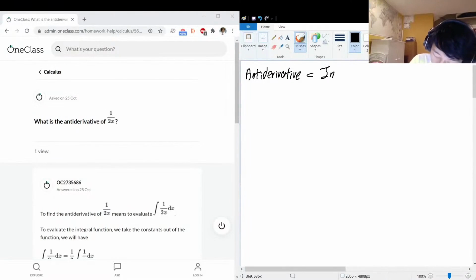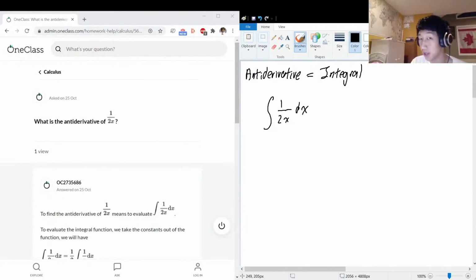Essentially it's asking us to find the integral of 1 over 2x with respect to x. Because when you take an integration or an antiderivative, you have to say with respect to which variable you are doing it.